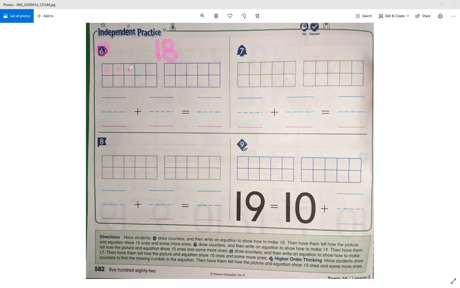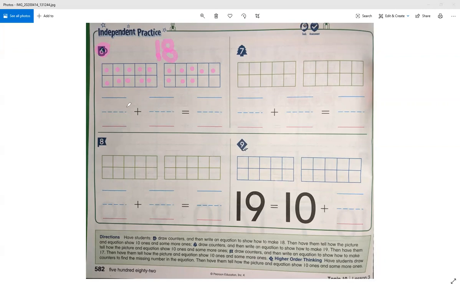1, 2, 3, 4, 5, 6, 7, 8, 9, 10. All right, so I have 10 ones right here. And then how many more ones is 18? 8, right? So 1, 2, 3, 4, 5, 6, 7, 8. All right, so there's 10 and there's 8. And we know that makes 18.